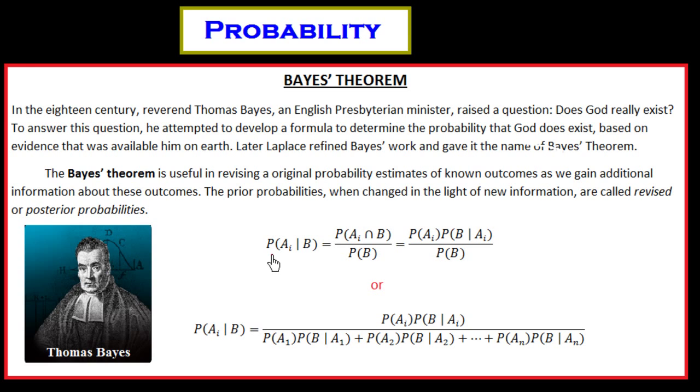So look here, P of Ai given B is equal to P of Ai intersection B over P of B, where P of Ai intersection B is equal to P of Ai into P of B given Ai.